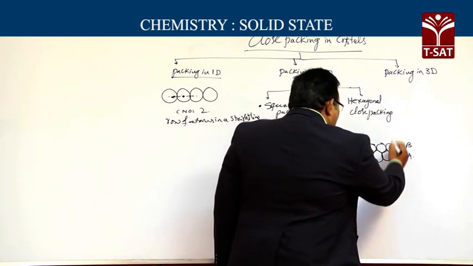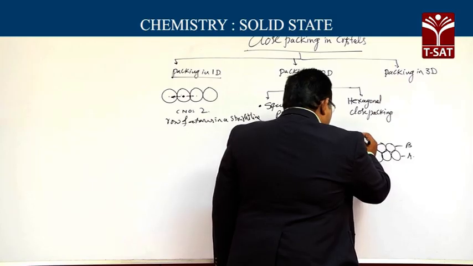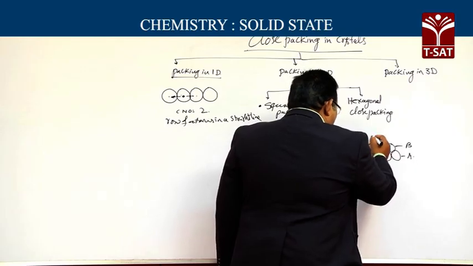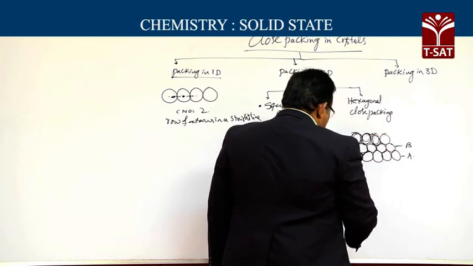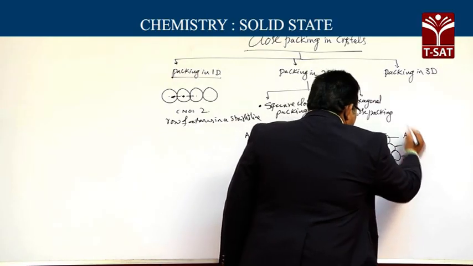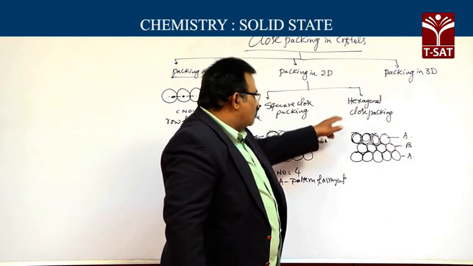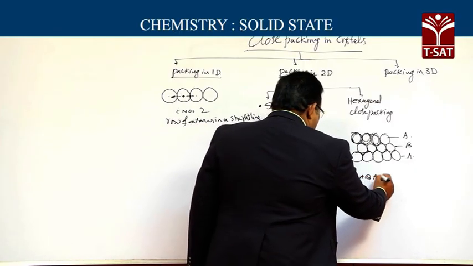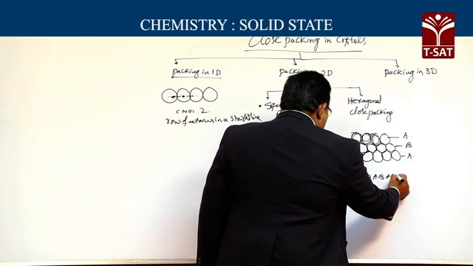Now, the third layer will be analogous with the first layer, so again this is A. So, hexagonal close packing is AB, AB, AB type.